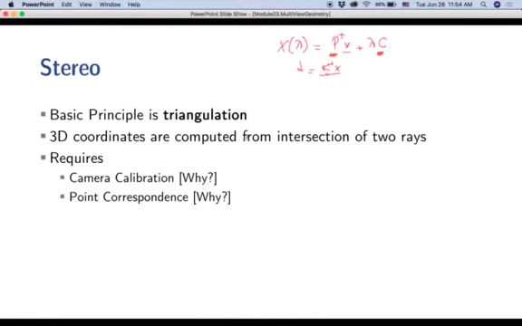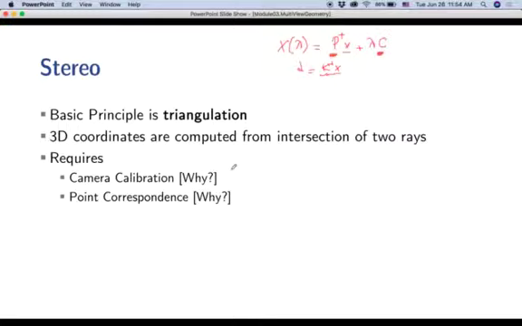So that's why I'm saying the camera has to be calibrated. Otherwise, how will I compute these rays? These rays are a function of camera parameters. Agreed? Is that point clear? The back projection process will not happen if you don't know the camera parameters. And the second thing that you need is point correspondences.